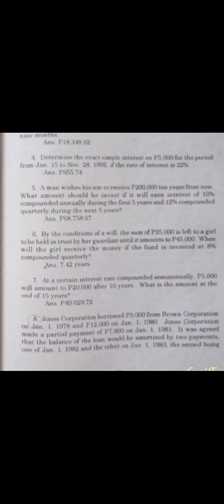By the condition of a will, the sum of 25,000 is left to a girl to be held in trust by her guardian until the amount is 45,000. When will the girl receive the money if the fund is invested at 8% compounded quarterly? As always, we must state the given.